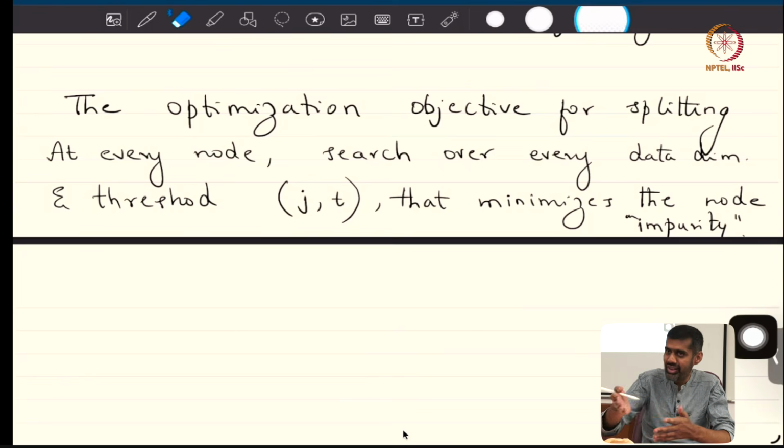Because just do this, I mean I take it as an exercise, show that if you take a distribution and compute its KL divergence between a uniform distribution over the same sample space, you will end up getting entropy. So, in other words, what we are saying is minimize the entropy of a particular region, entropy of the distribution of data within a particular region. Okay. So, let us look at, so basically you have to minimize the impurity.